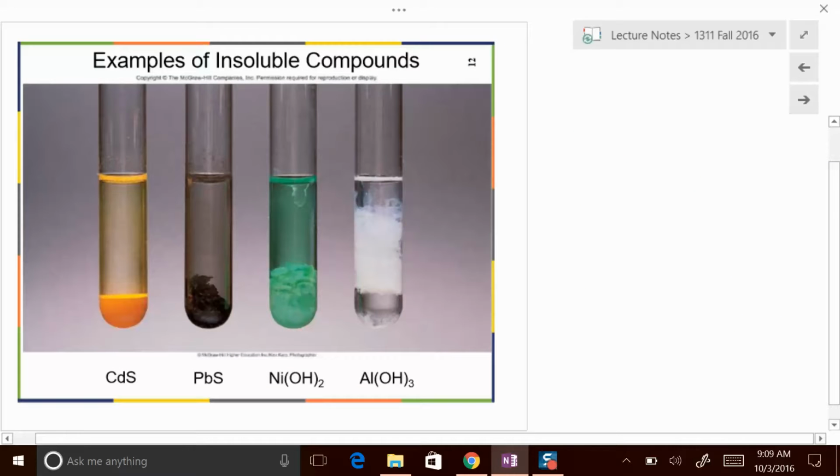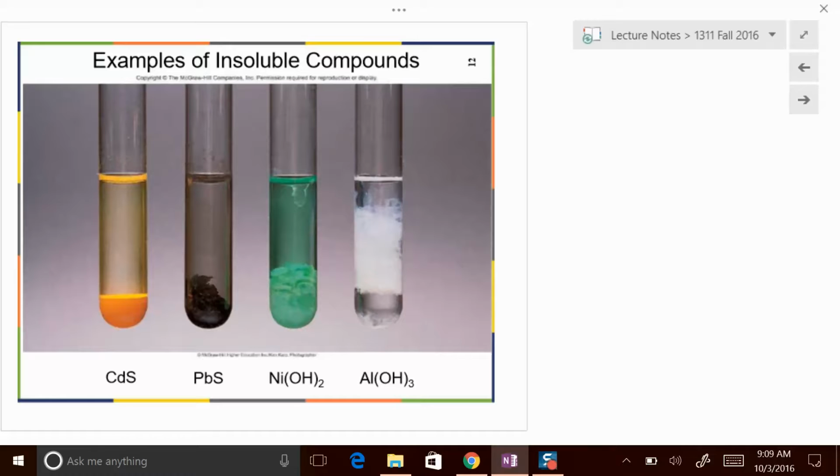Okay, so you can see precipitates a lot of times are very colorful. Here we have some cadmium sulfide, some lead sulfide, some nickel hydroxide, some aluminum hydroxide. Those would all be insoluble compounds. Hydroxides are a lot of times insoluble.